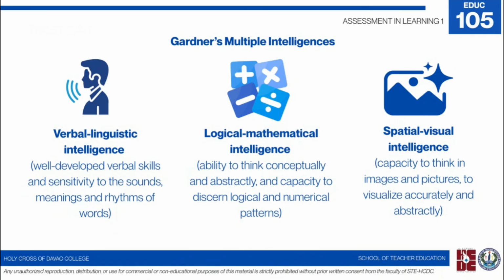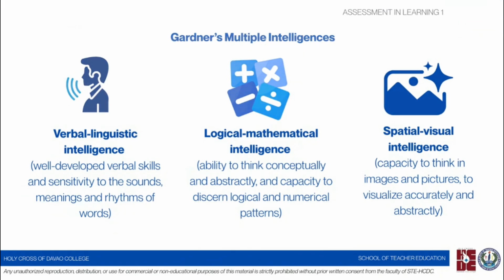So, for example, if you are teaching the water cycle, a verbal linguistic student might write a narrative description. A logical mathematical student might create a labeled flowchart with equations, and a spatial visual student might draw a detailed illustration. All three demonstrate the same knowledge, just through different intelligences.